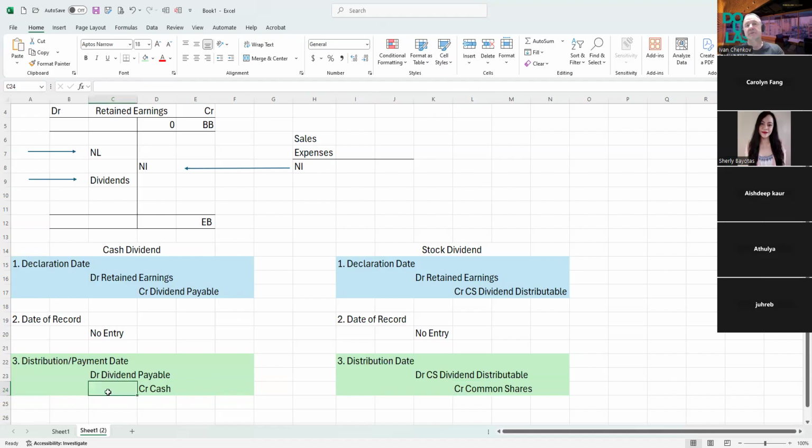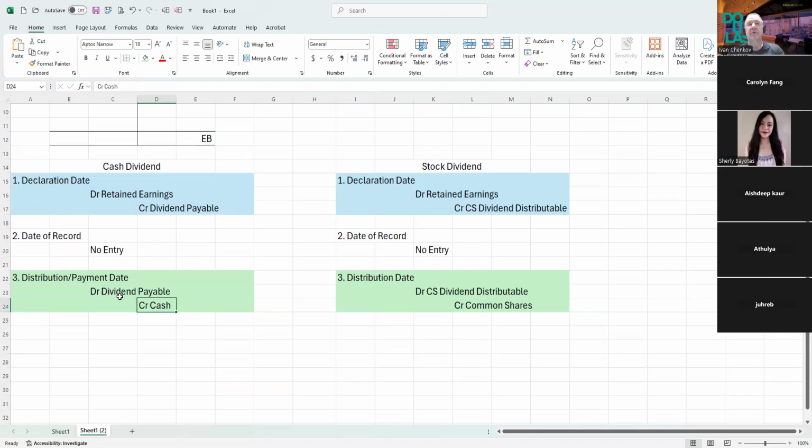The main difference, as you can see, is that here we're reducing the retained earnings, and the final effect is reducing the cash. Well, in this case, we're reducing the retained earnings, but increasing common shares.